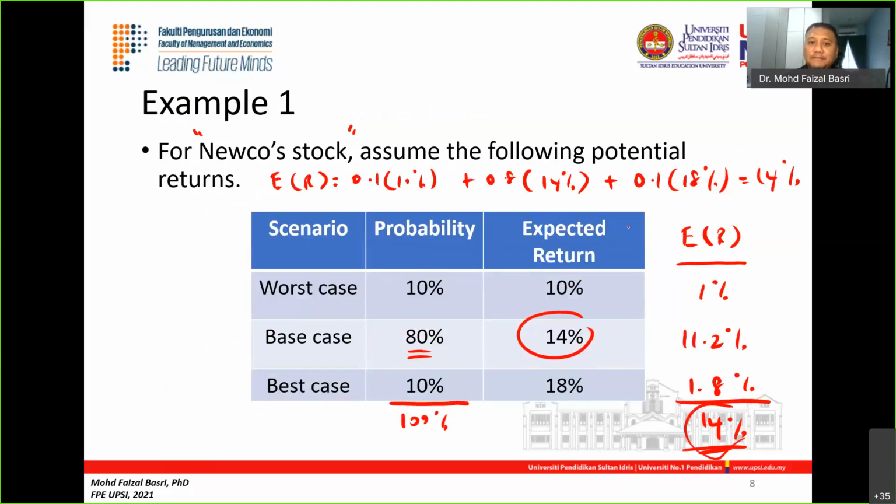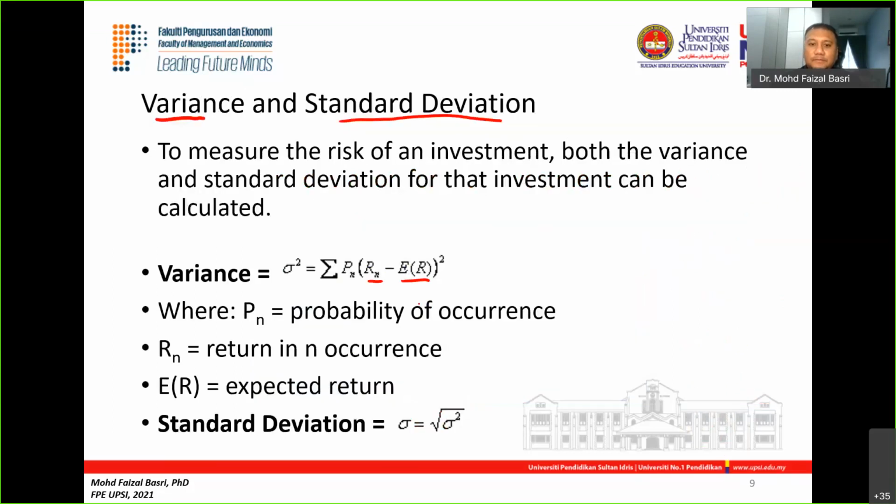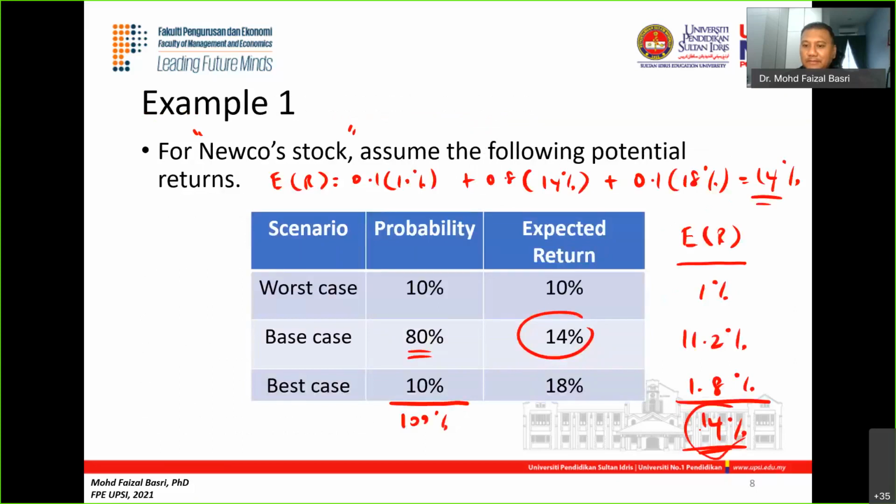In this example, this is your Rn, the return for the worst case scenario, and we subtract the ER from it. The difference has to be squared first, and then multiplied with the probability of the respective difference. Then you sum everything back.